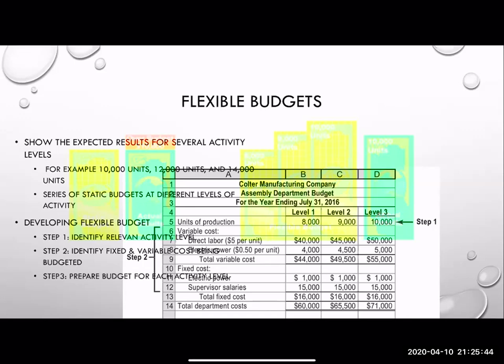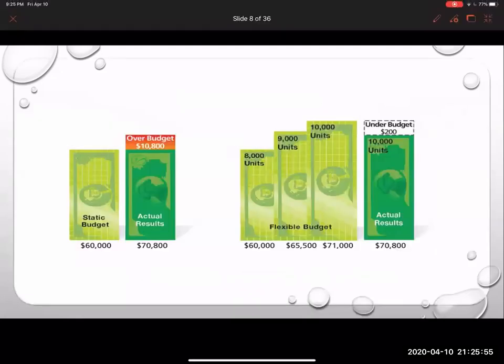With a flexible budget, actual costs can be compared to the budgeted cost for the actual activity. That may not sound like much to you, but in the very first portion of this slide, you're comparing a static budget to actual results.